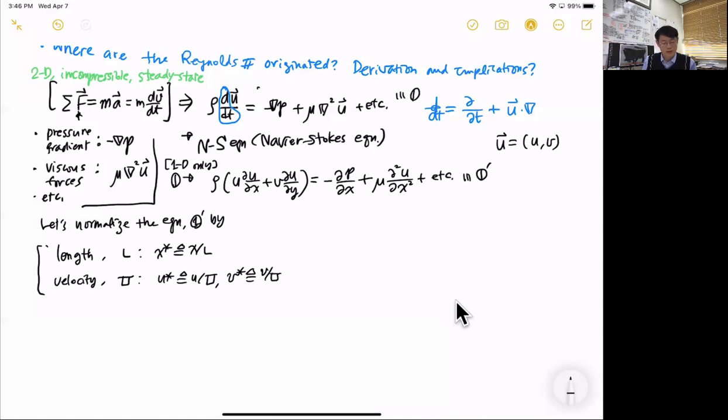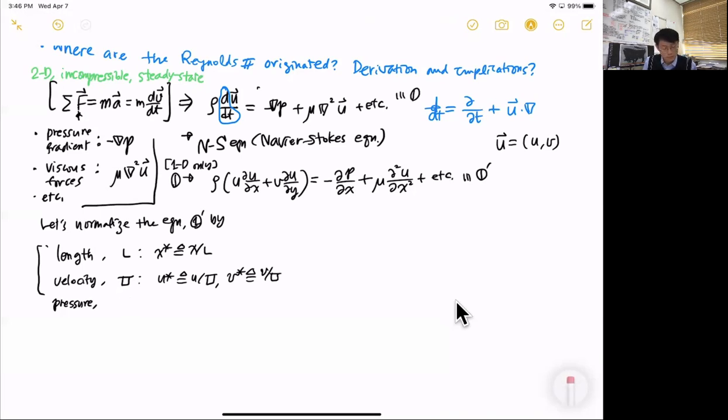And what about pressure? Such as atmospheric pressure. We can define a normalized pressure, P star.